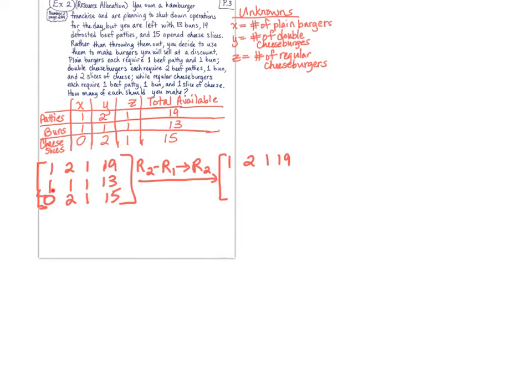So 1 minus 1 gives us 0. Good. Then 1 minus 2 gives us negative 1. Good. 1 minus 1 gives us 0. And 13 minus 19 gives us negative 6. Be careful with your signs. Negative 6. Good. Okay. Then row 3 did not change, so we write down 0, 2, 1, and 15.